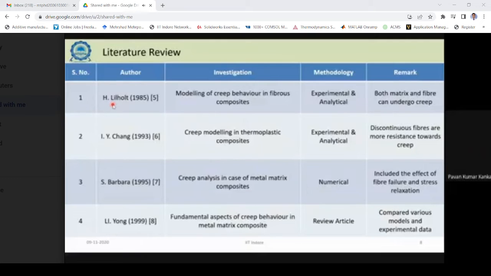If multiple authors are there, it may be like Sahu and Saxena, or Saxena and Kundalwar, or if more than two are there, then you can say Saxena et al. Okay, sir, et al. means Saxena and others. Either we use the reference number, or we use the year, but we should not use both.